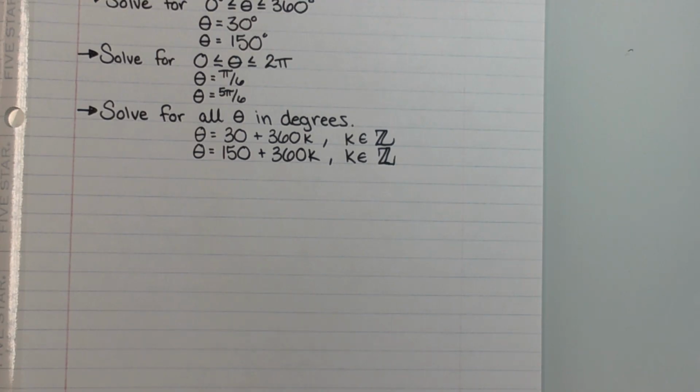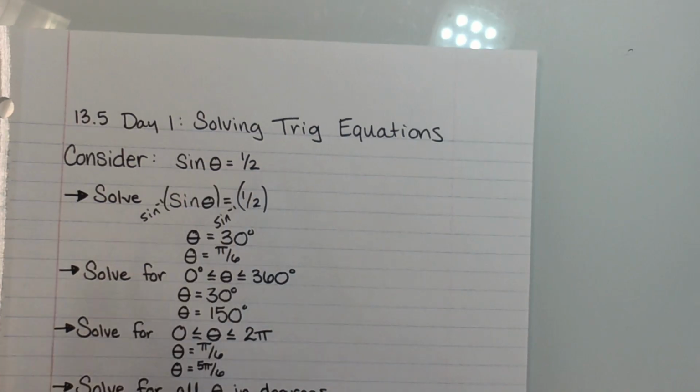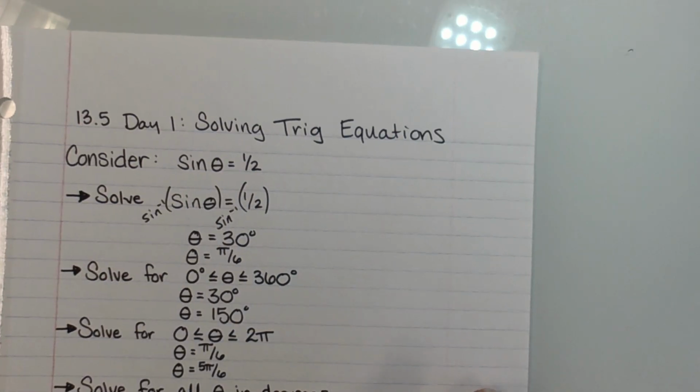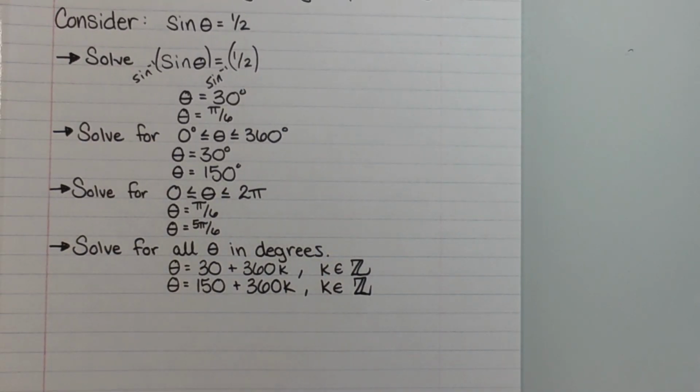13.5 brings this back, but it changes the equations. In chapter 12, the equations looked like this. In chapter 13, they start to get a little more complex. They get complex in a way where you might have to use some trig identities to work in your favor.